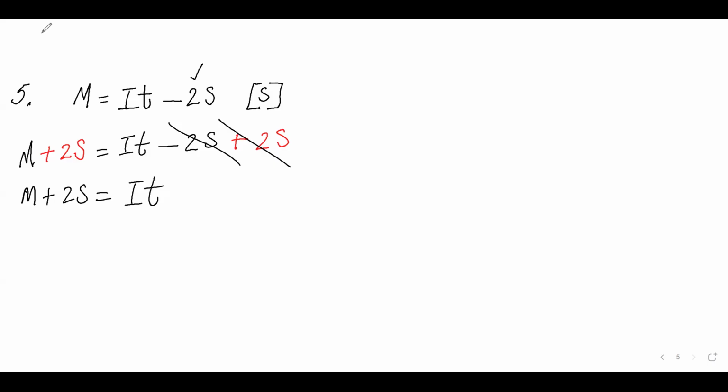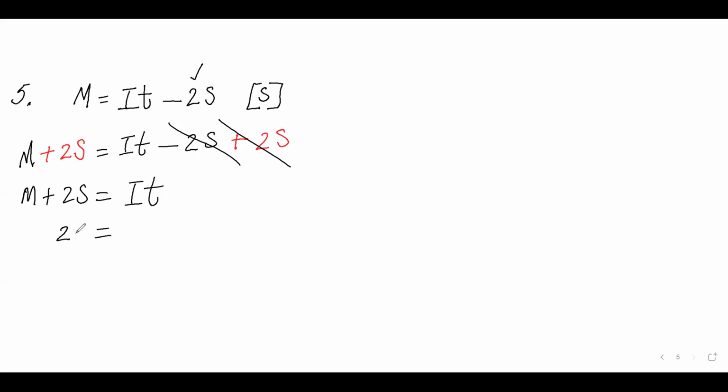All right, so Duncan. No, Duncan. Your second line is correct, but that's it. You're finding for S, so you have to get rid of the M. You have to minus M on both sides.